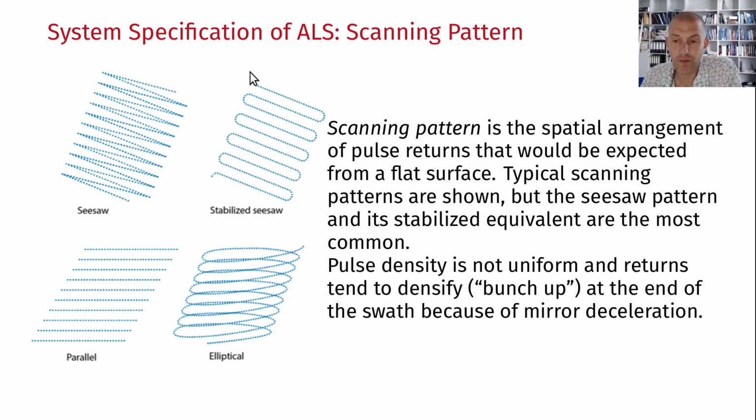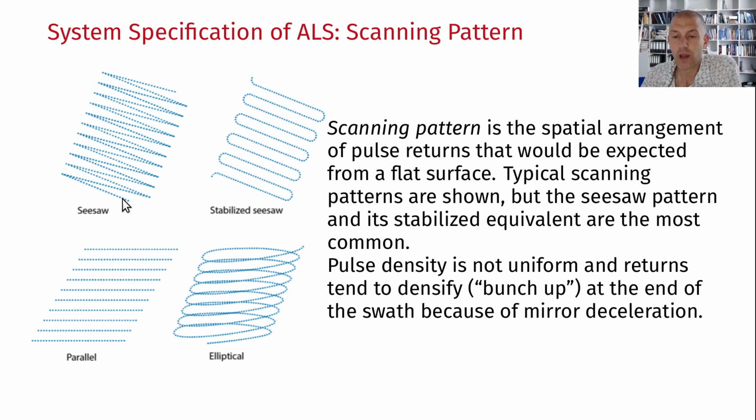You can have different scan patterns that smooth those curves somewhat by using a different mirror setup. That's a stabilized seesaw. Sometimes you have parallel lines, and some rarely used mirrors end up in an elliptical path.